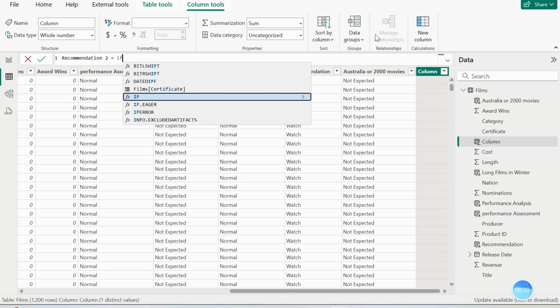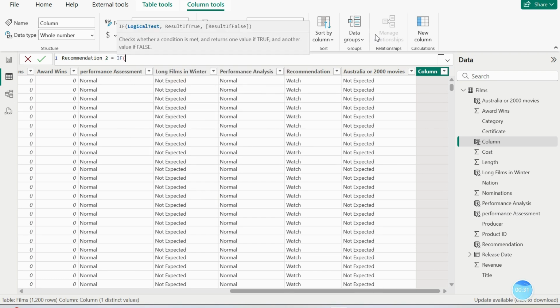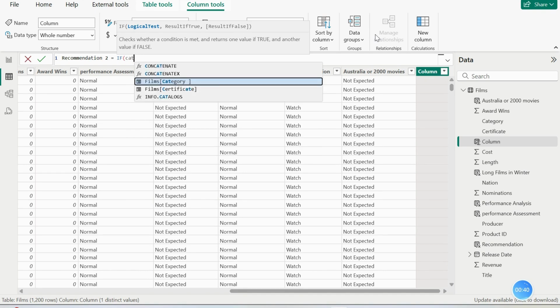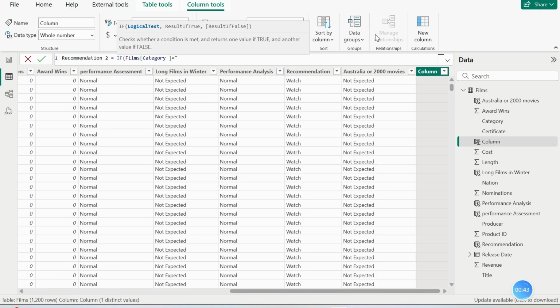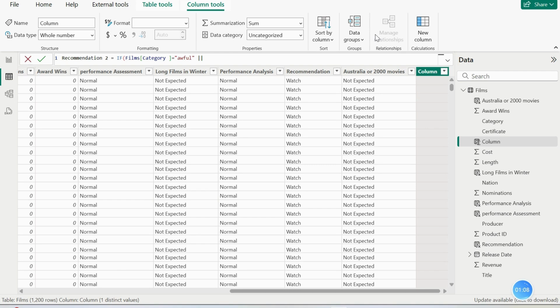Suppose that if the movie category equals awful, or the producer is Michael Bay, but we have multiple indicators, so we can't use the OR function anymore. OR function is just for 2 indicators, so we have to use the shift plus the vertical bar.